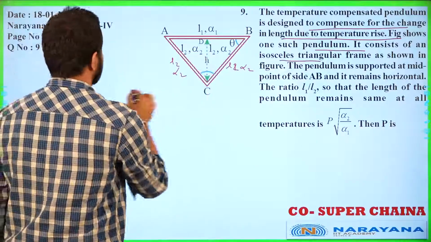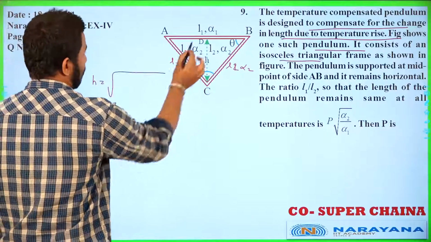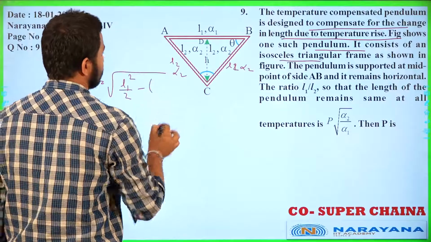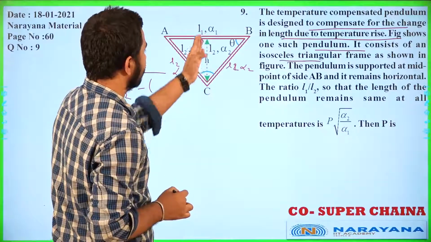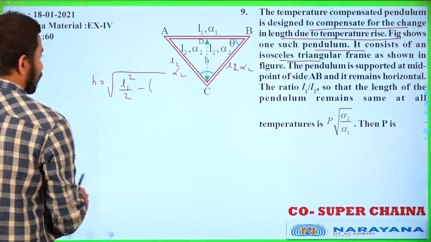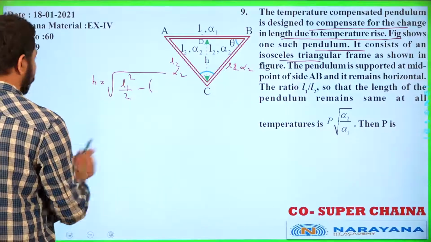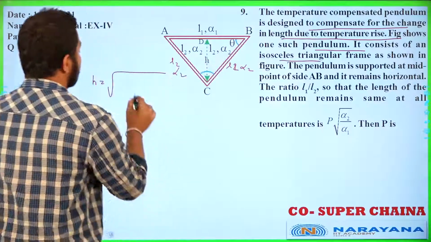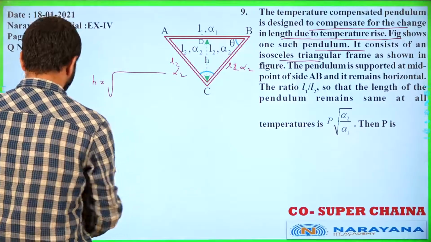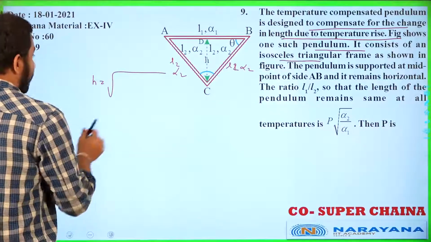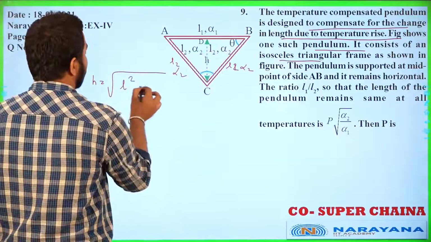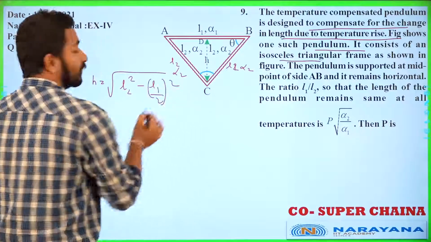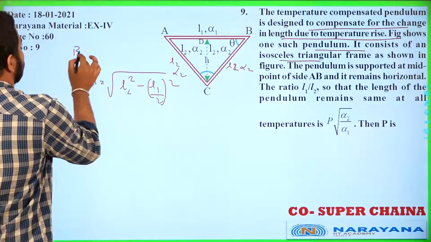So, if you see here, this height H can be written as nothing but the square root of L2 square, that is hypotenuse, minus L1 by 2 whole square, by Pythagoras.